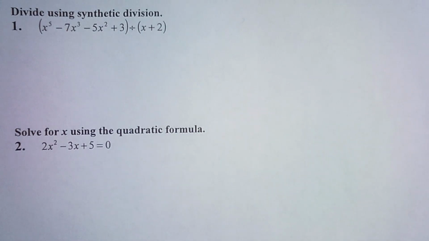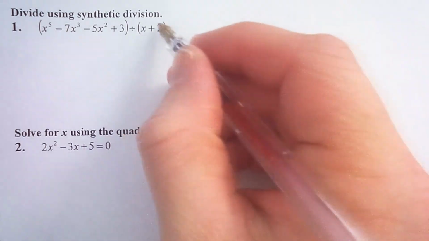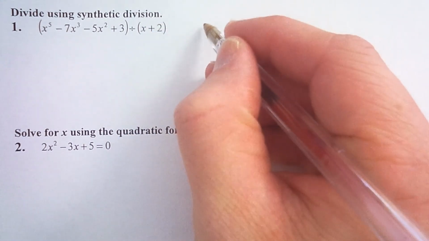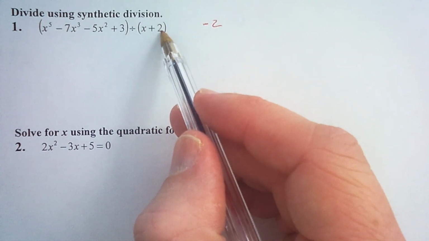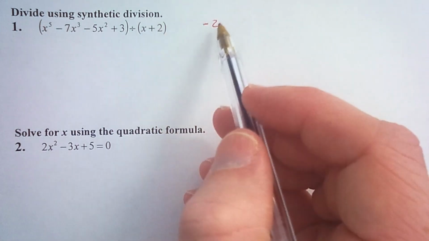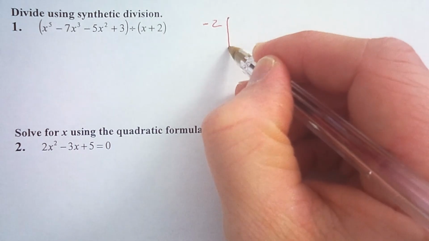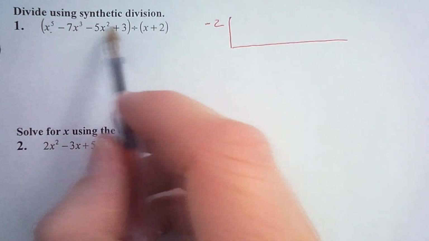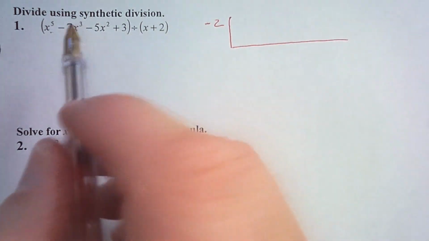So to divide with synthetic division, I use this right here to find my number to put outside. So I'm going to use a negative 2. I'm saying that x plus 2 is the factor, and I use the value of x that would make a 0 for this factor. So I use a negative 2 here. And then I put all of my coefficients inside, and I make sure I put a 0 for any missing powers.